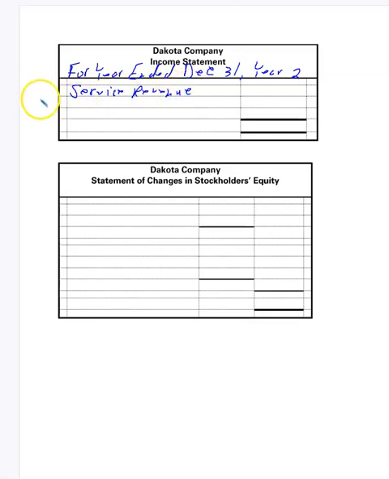And then we had two expenses, utilities expense and then operating expense. So writing those out, let's go pick up those numbers.